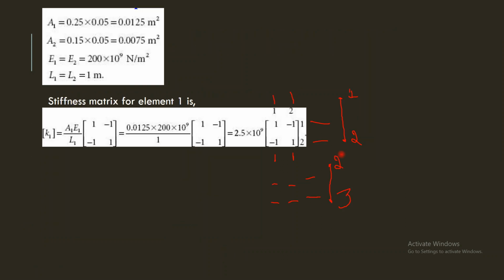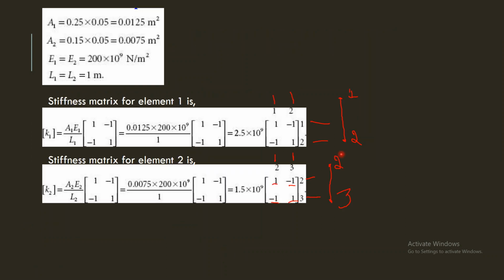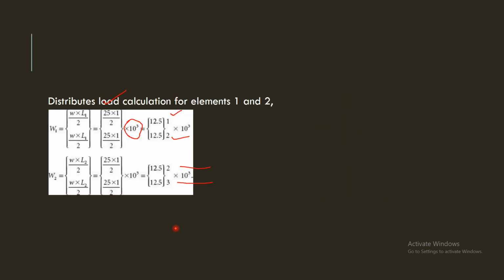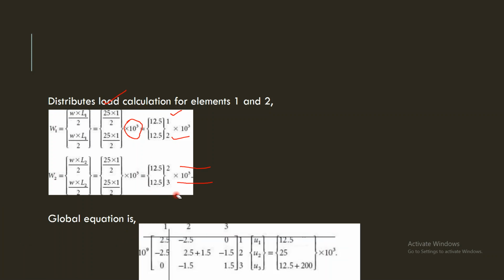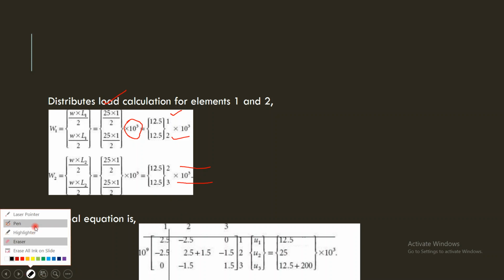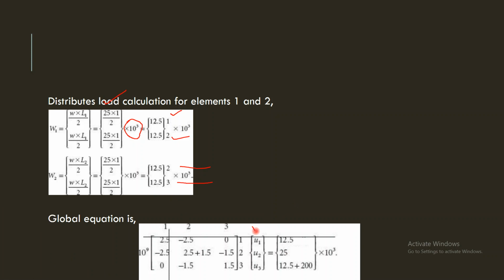And what about the global displacement vector? Since we are having 3 nodes, 1 to 3, the global displacement vector will be U1, U2, U3. So here it comes with the global displacement vector.